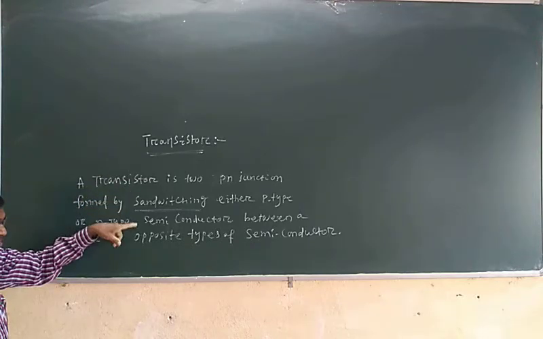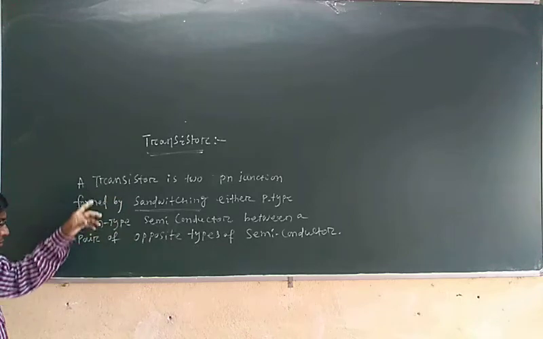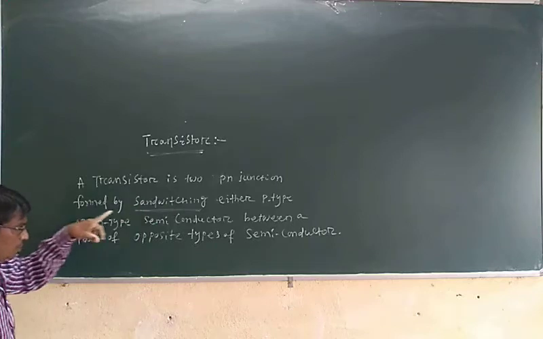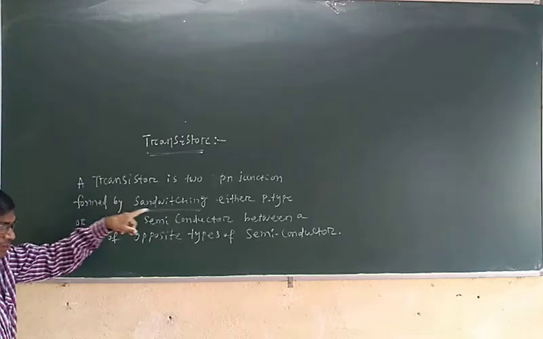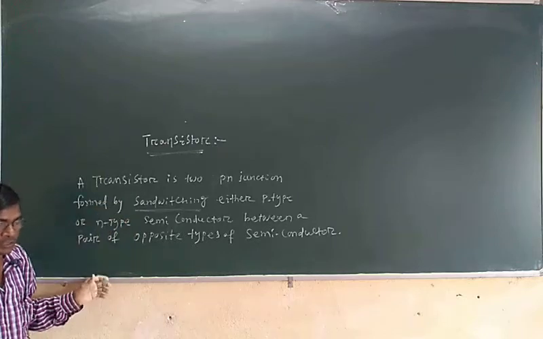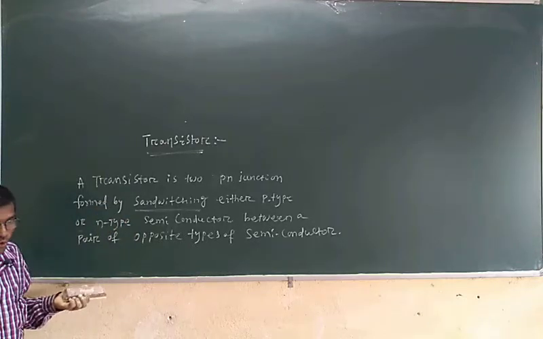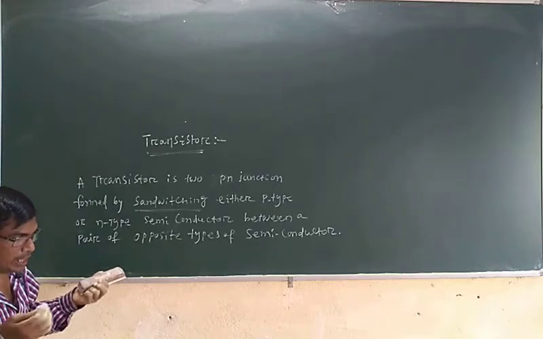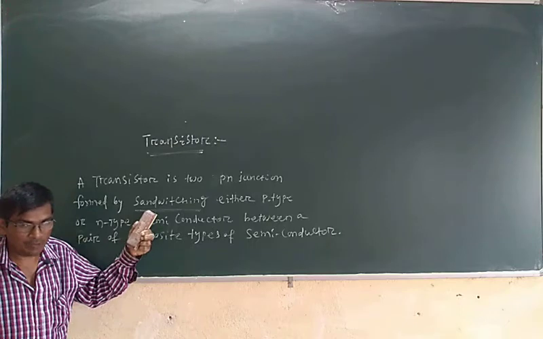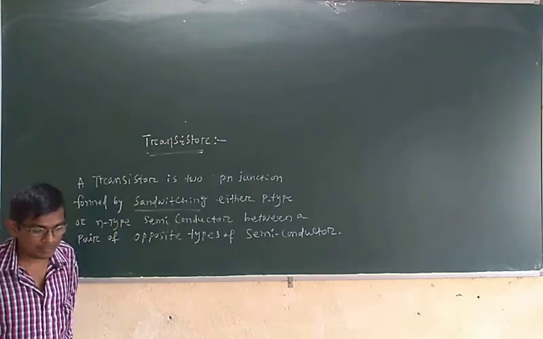What is the meaning of this definition? A transistor is two PN junctions formed by sandwiching. The word sandwich means two layers pressed on two sides of a middle layer.